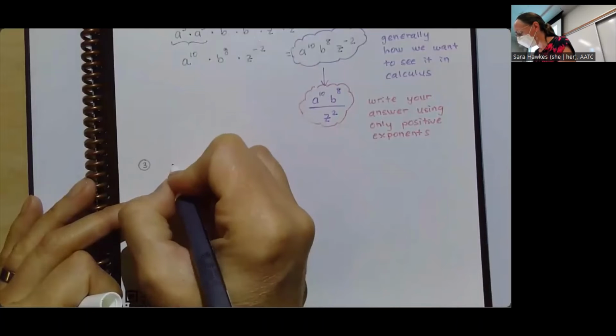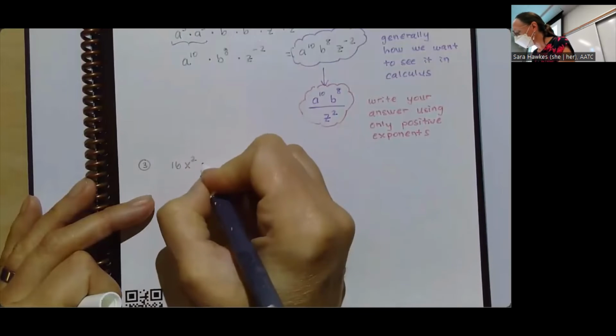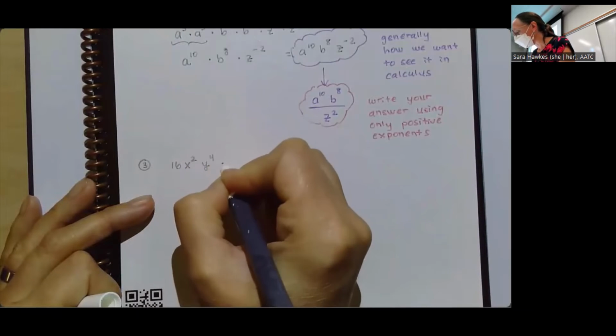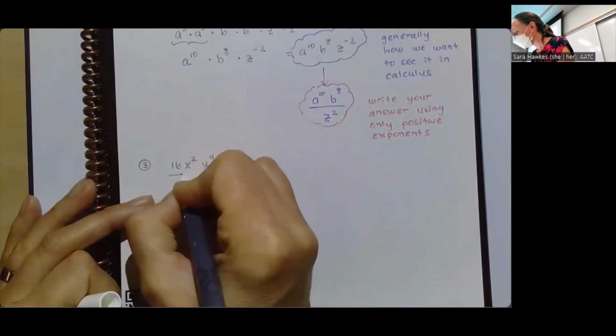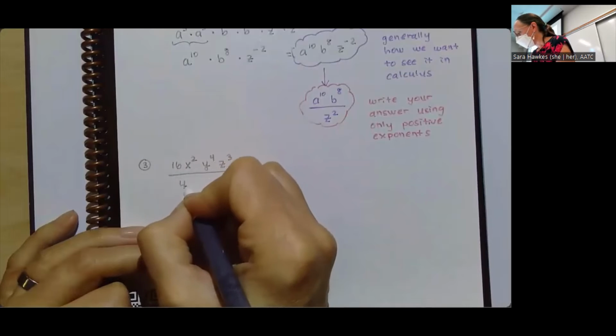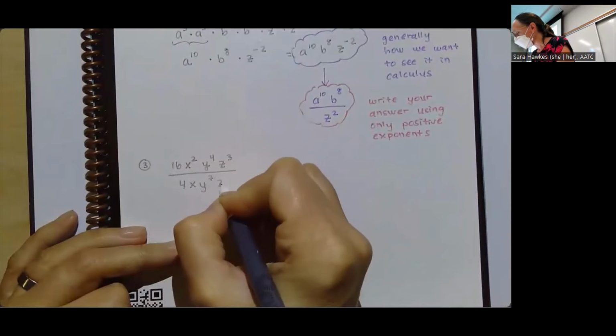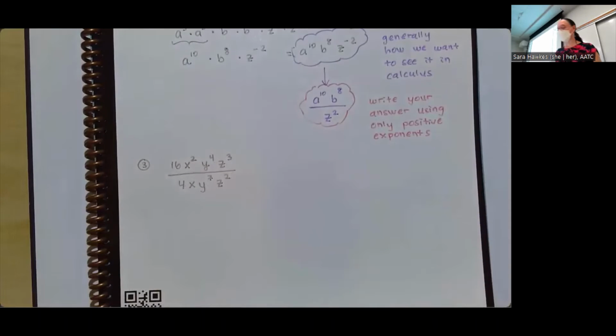But so if I had 16 x squared y to the 4th z cubed divided by 4x y to the 7th z squared.